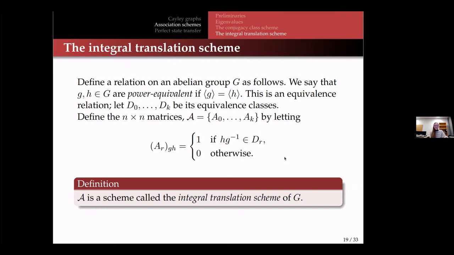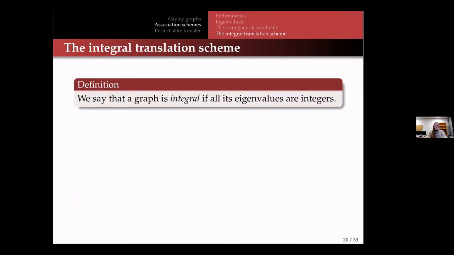Okay, so this is called the integral translation scheme. And why would it be called that? I'm sure you're asking yourself. So we say that a graph is integral if all of its eigenvalues are integers.